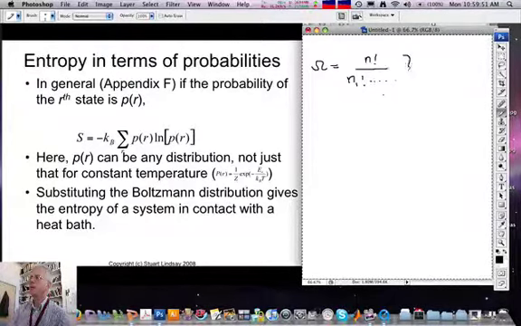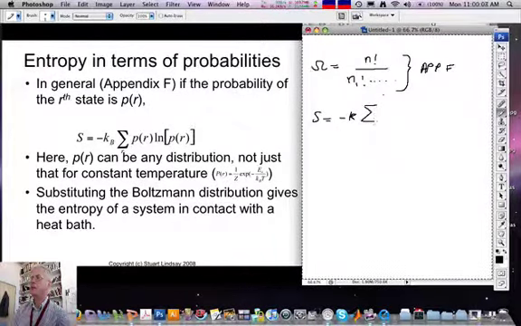And by using Stirling's approximation, we arrive at this result shown on the slide. This is elaborated in Appendix F. And so, in consequence, the entropy can be written as this sum here of the probability, whatever it is, it's valid for any arbitrary probability, of finding a state in the R configuration.